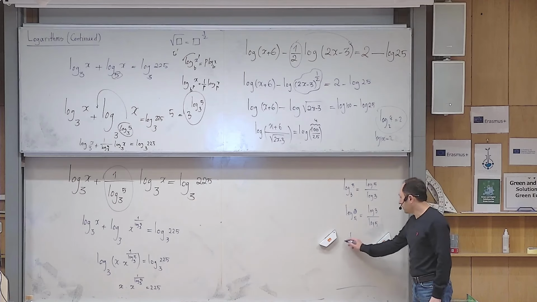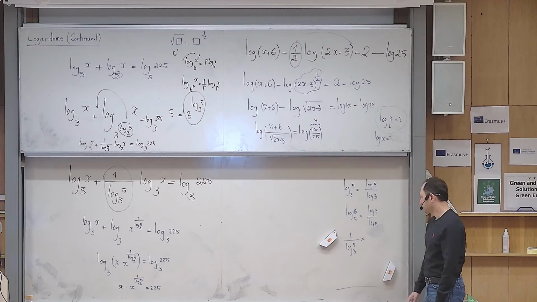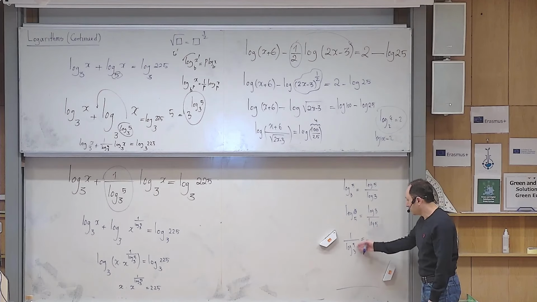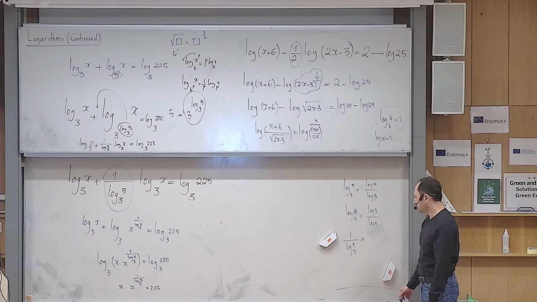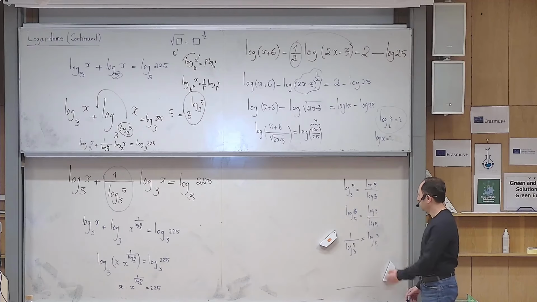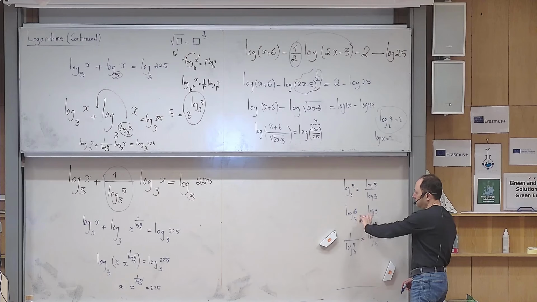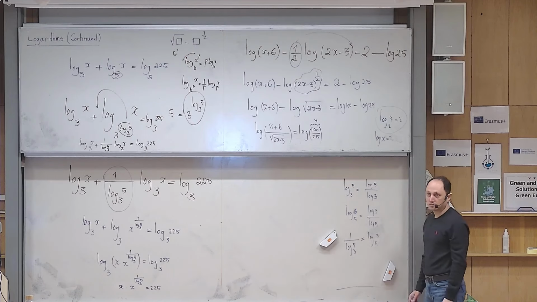So if I write 1 over logarithm of 5 to the base 3, what can you write in front? 1 over logarithm of 5 to the base 3 is logarithm of 3 to the base 5. Yes? Do you see why? Because this number is the other way around.